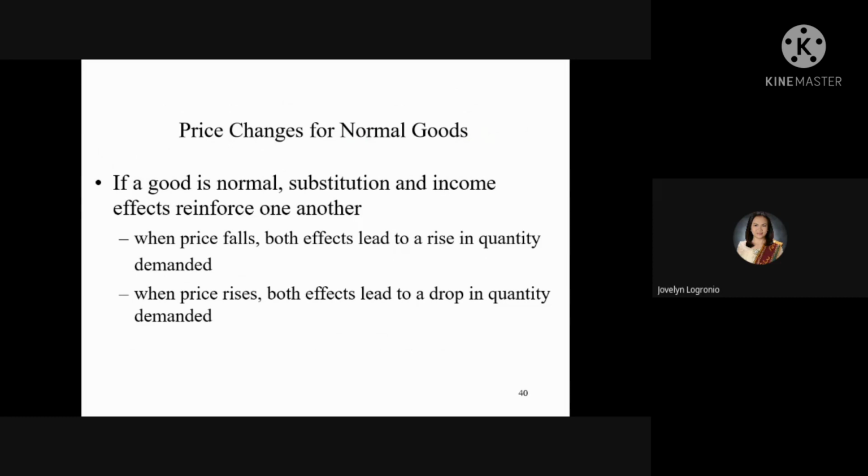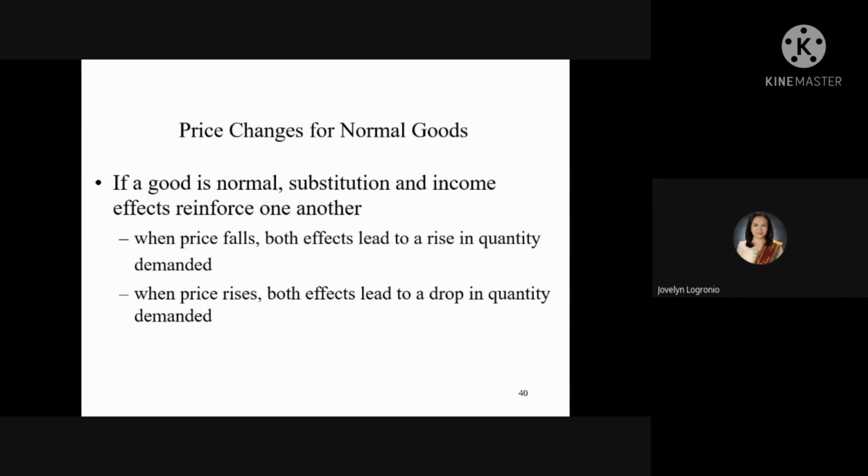So when price falls, both effects lead to a rise in quantity demanded. And when price rises, both effects lead to a drop in quantity demanded. So yun yung nangyari kay good X.